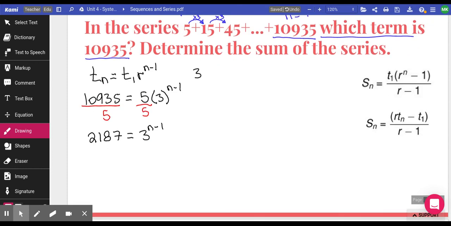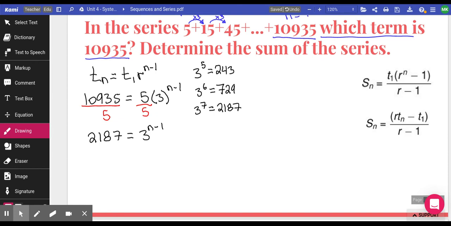Let's try 3 to the power of 5. If I calculate 3 to the power of 5, I get 243. If I try 3 to the power of 6, I get 729. If I try 3 to the power of 7, I get 2,187.